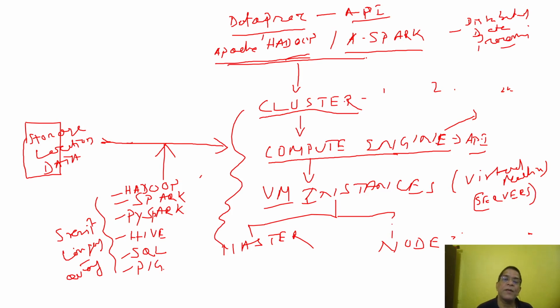When you are creating a cluster, these VM instances will be created. But of these VM instances, one will work as a master. One master will always be there, but nodes may be many. And this is the strategy. This is the processing architecture of a Dataproc cluster.